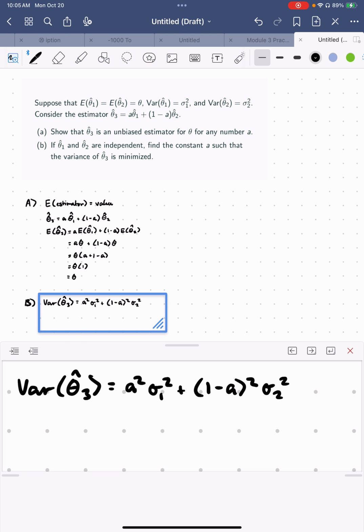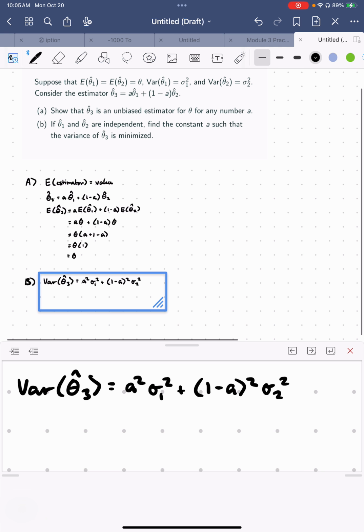So first, since we want to find the value of A that minimizes the variance of theta hat 3, that means that we want to find the minimum value. So we can use our derivatives here. If we find the derivative, we know at the minimum value our derivative will be equal to 0.